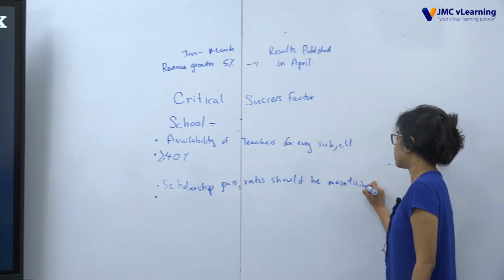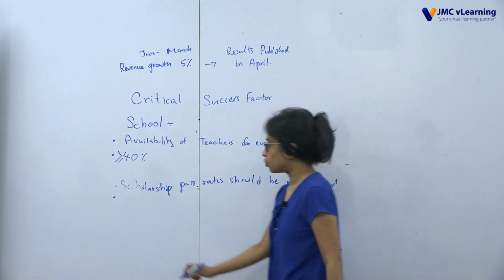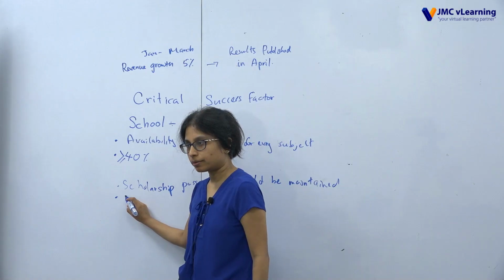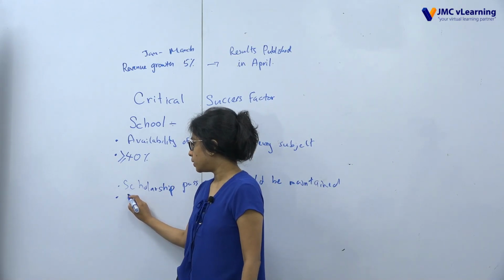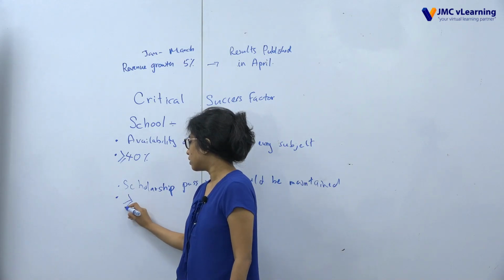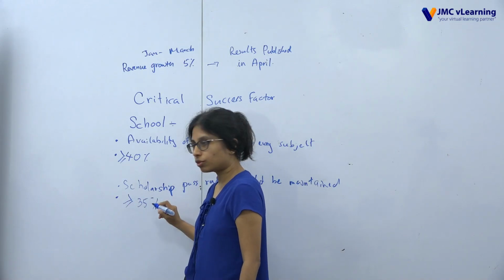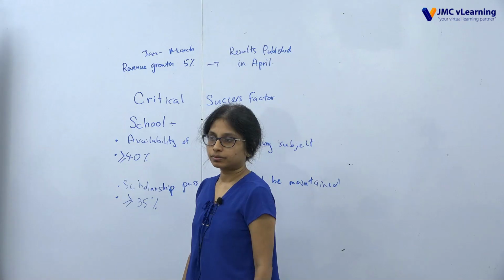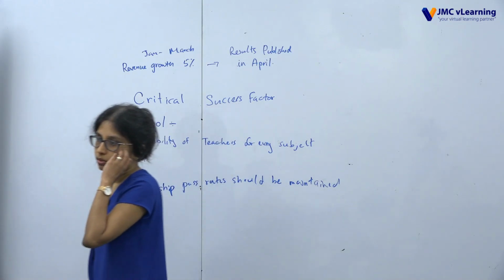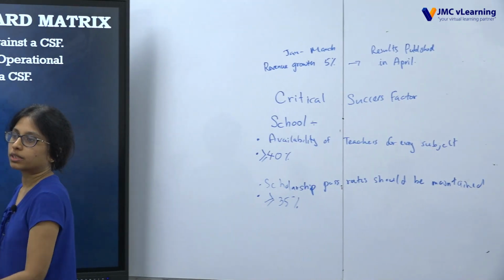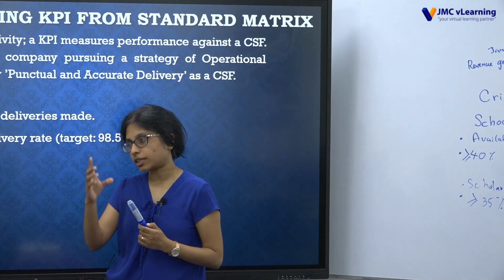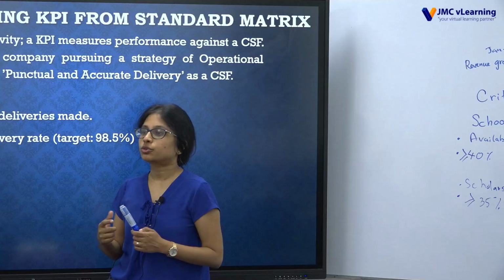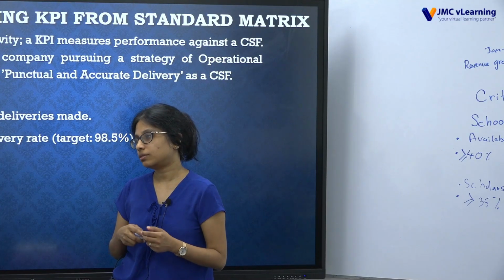You give a KPI: your scholarship pass rate should be more than, let's say, 35 or 40%, so that people at least can go to another school. Those who have the learning capacity can go to a school that has facilities.